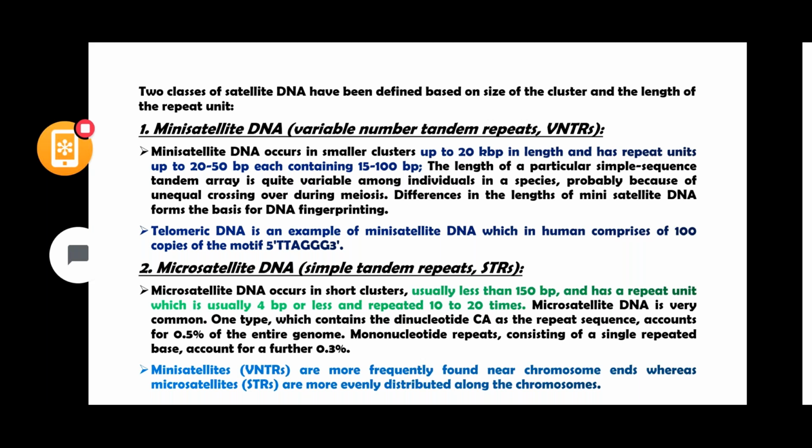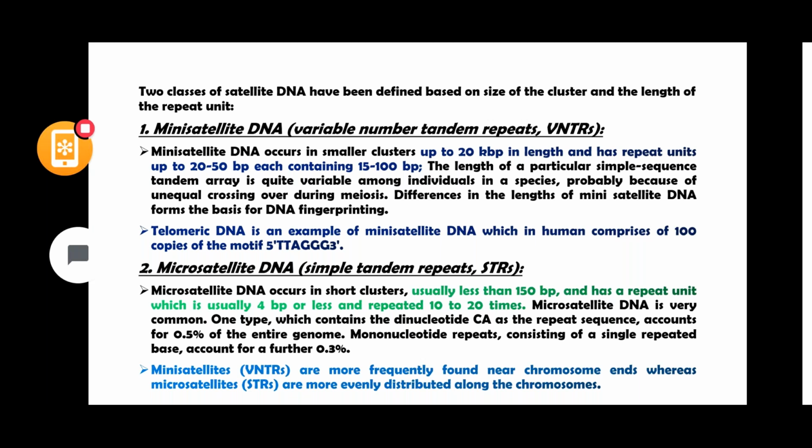These differences occur because of unequal crossing over during meiosis. These differences in the length of minisatellite DNA form the basis of DNA fingerprinting. Another example of minisatellite DNA is the telomeric DNA.